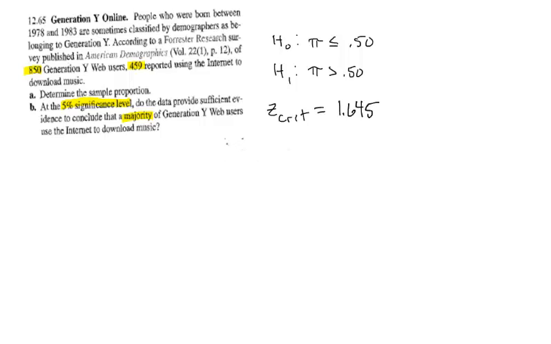And now we can say that we're going to reject H naught if zcalc is greater than 1.645.